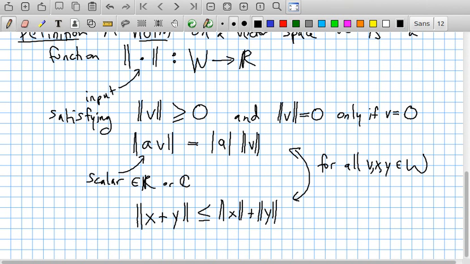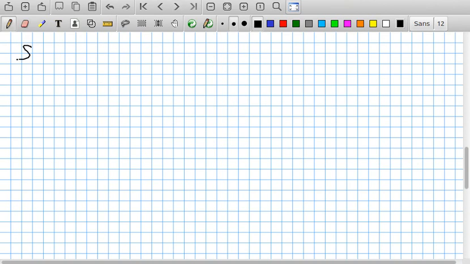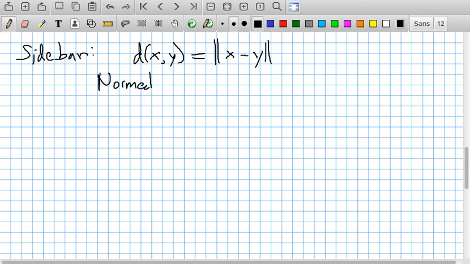For those of you who are in my topology class, what's the interaction between a norm and a metric? It's pretty easy to see. This is sort of a sidebar. Normed spaces are automatically metric spaces.